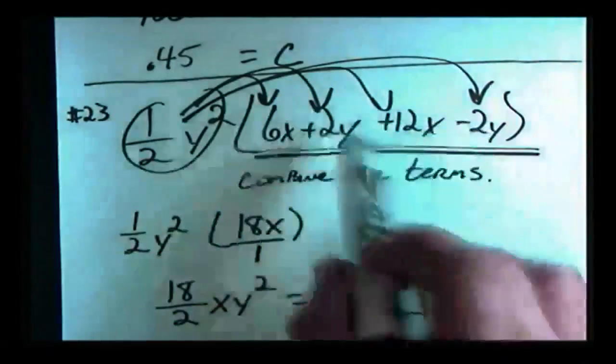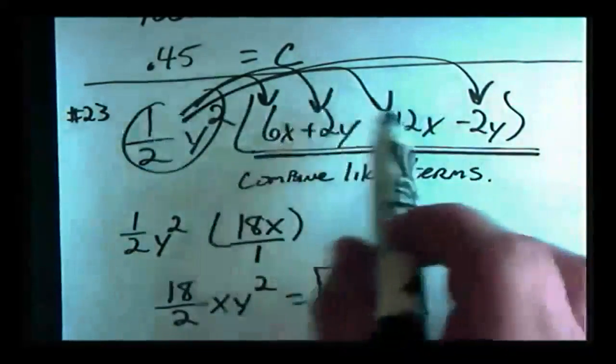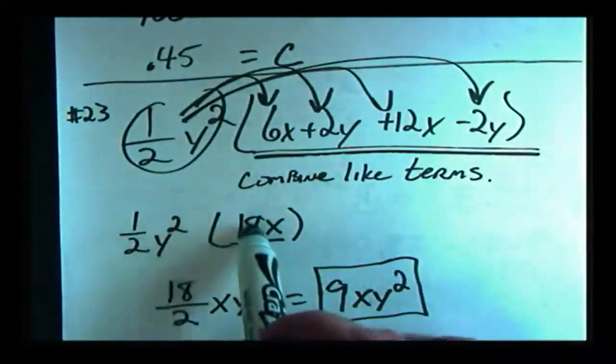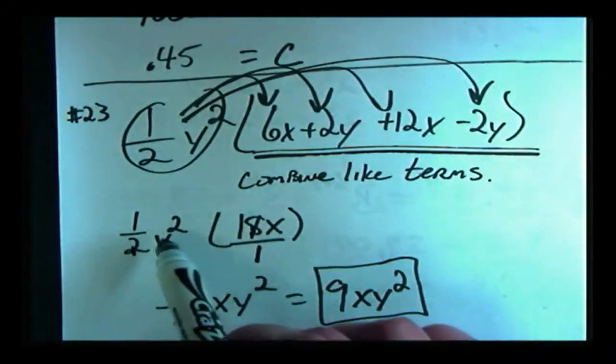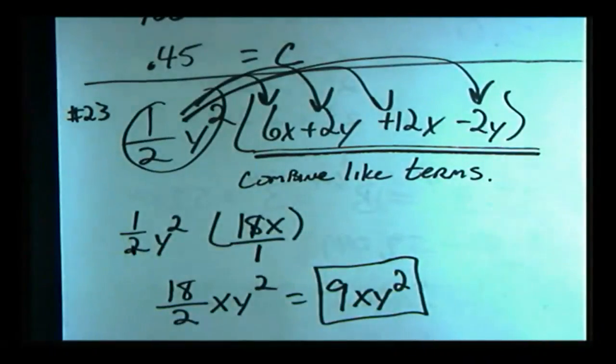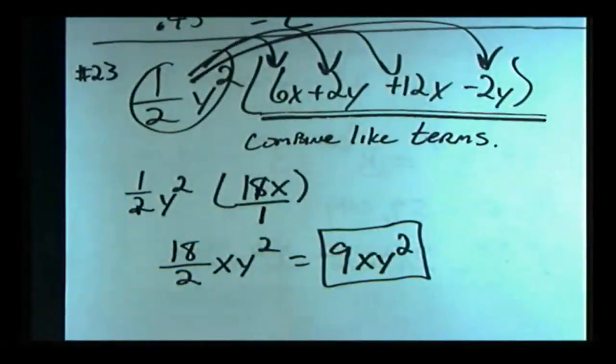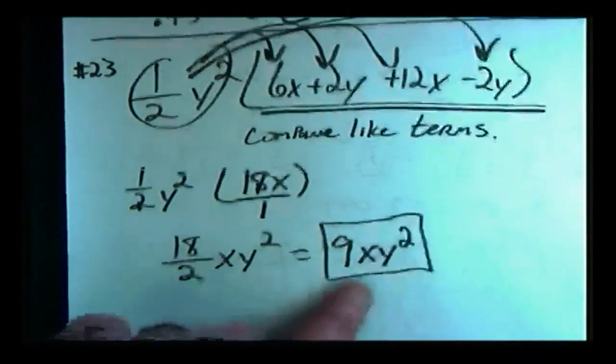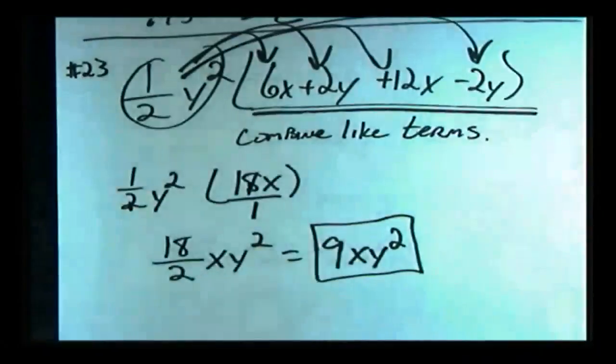I collected my like terms to solve for this portion first, and then combined my 18 and my 1/2. And my x's and y's are separate from each other after that. There's nothing I can do with those. So 1/2 y squared times 6x plus 2y plus 12x minus 2y simplifies down to 9xy squared.